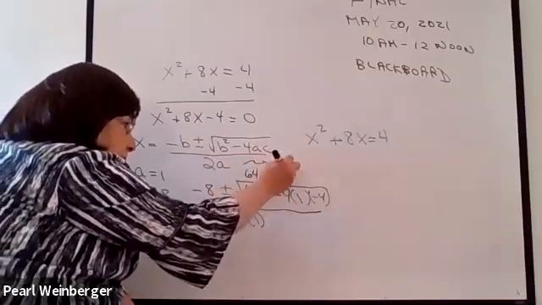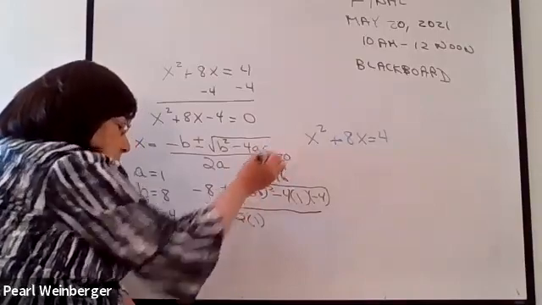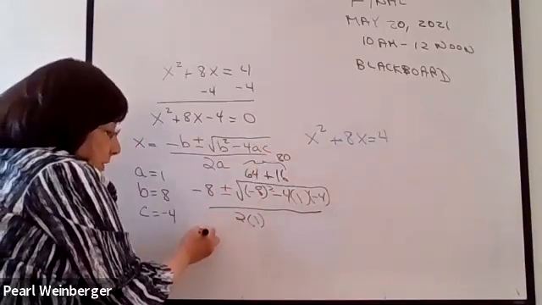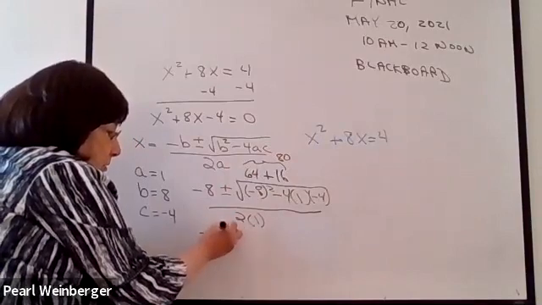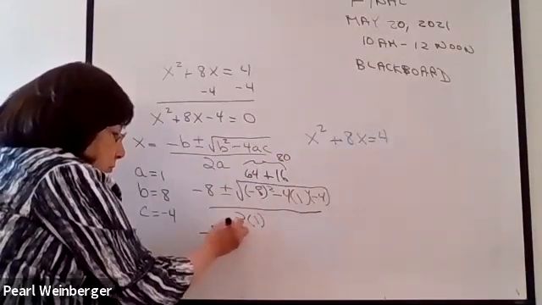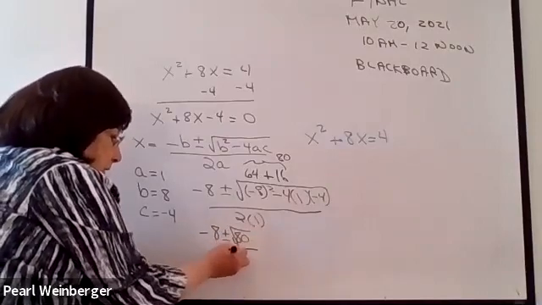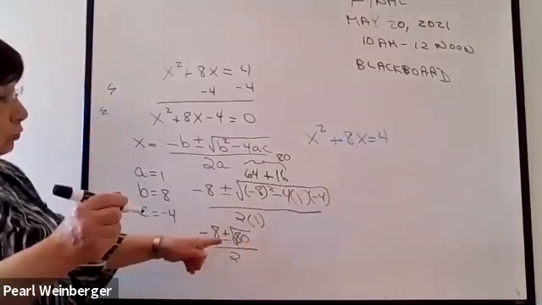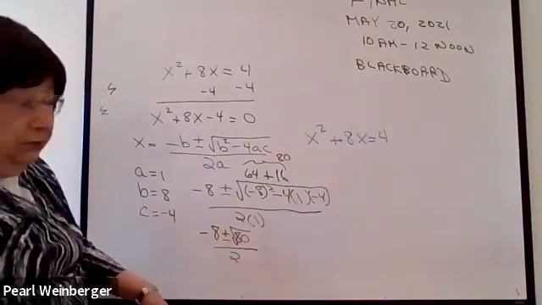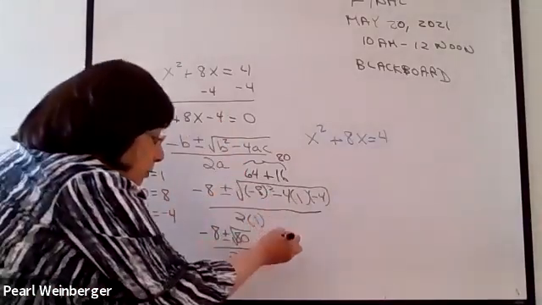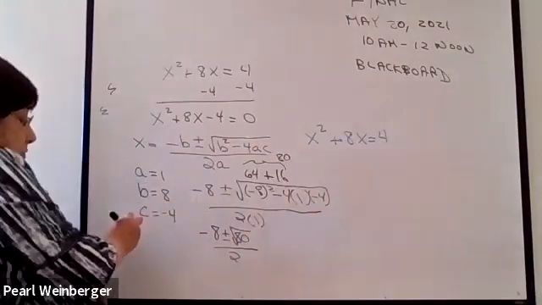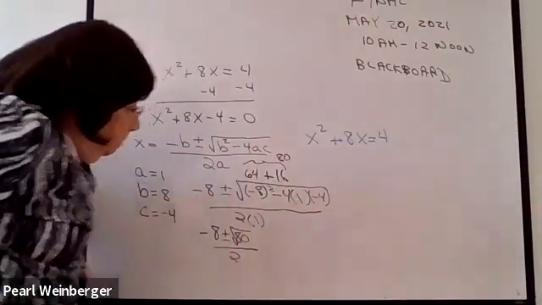And 64 plus 16 is 80. So this turns out to be negative 8 plus or minus the square root of 80, divided by 2. And the square root of 80 has to be simplified. Now, remember the square root of 80, let's do that over here.